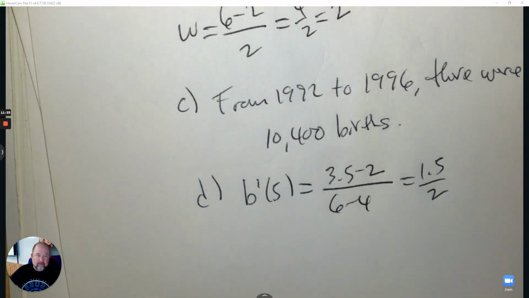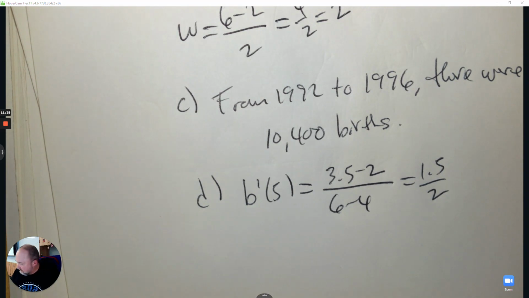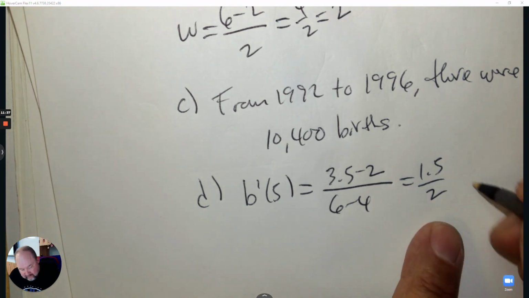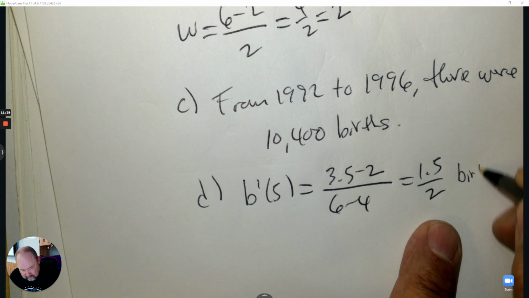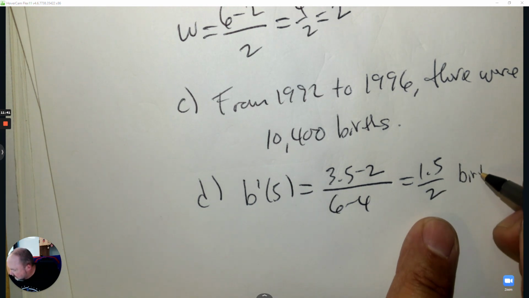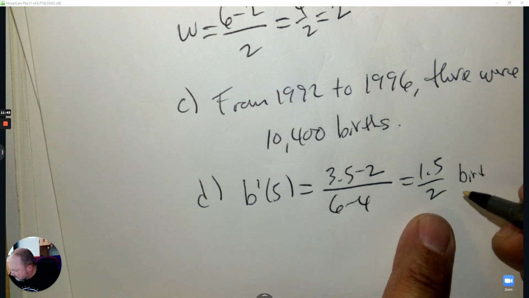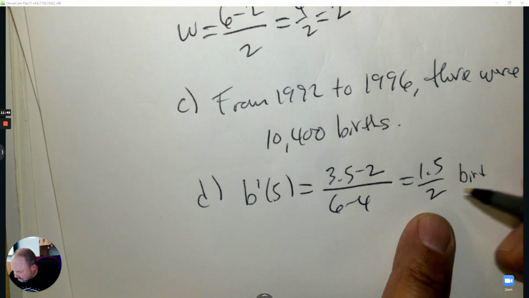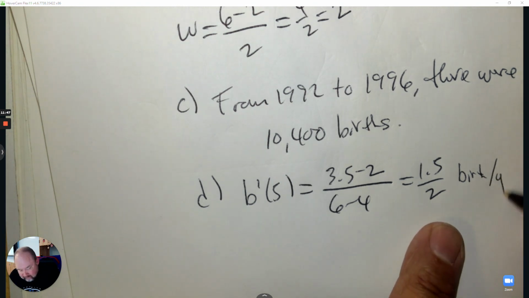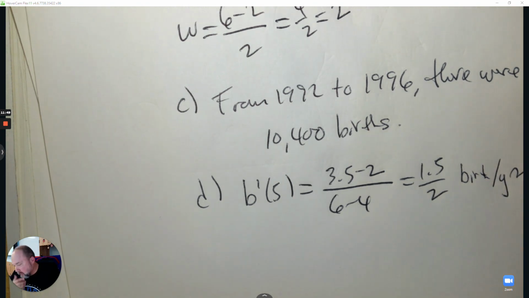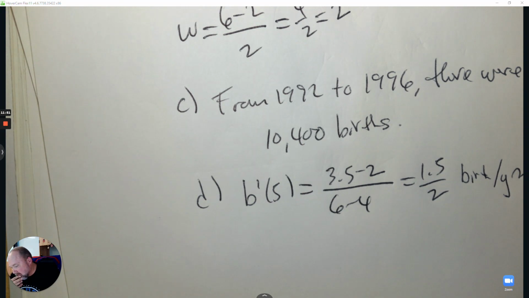And you don't have to reduce it down. That would be the rate, and that would be births per year, but it'd be births per year squared, in terms of what it would look like. So they're looking for that.